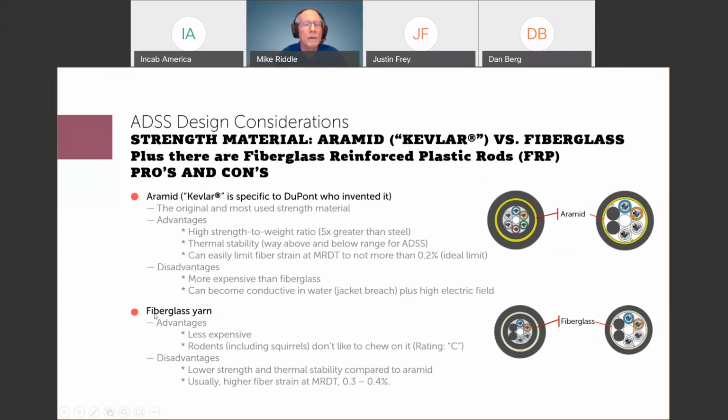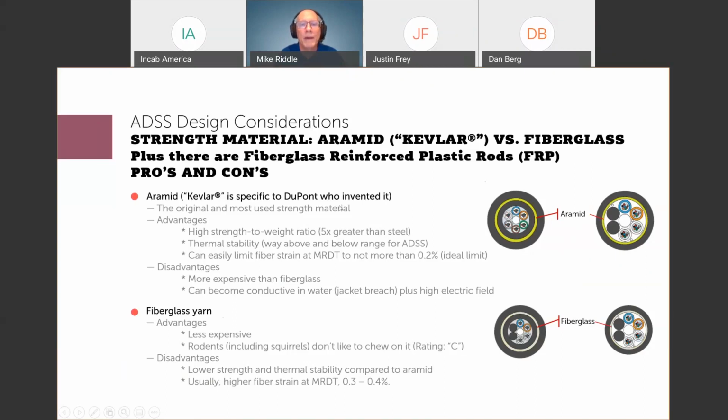Fiberglass yarn is significantly less expensive than ARAMID. And its big advantage, though, is that rodents, which for an ADSS cable includes squirrels, don't like to chew on it. So if you used an ADSS cable where its strength is coming from fiberglass yarn, you automatically can get a rating of a C on rodent resistance.